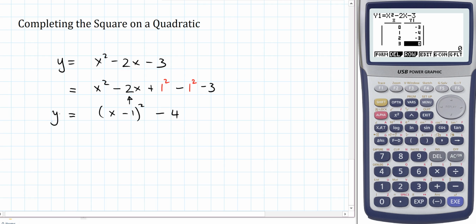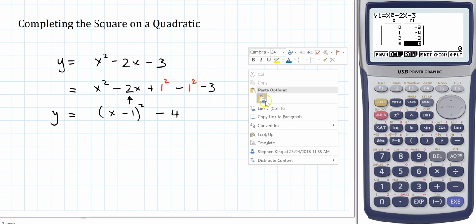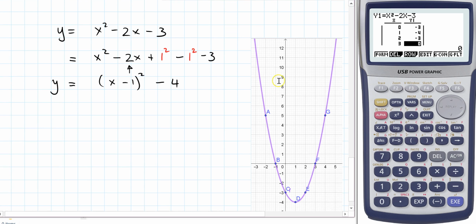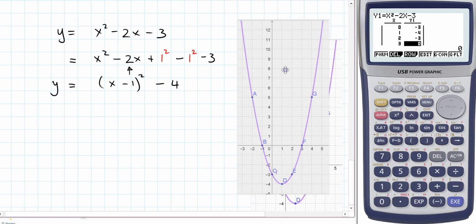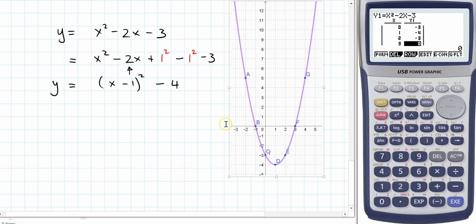And so I've now completed the square on the right-hand side of this expression, and we've got this equation. Now, if we drop in that picture that we had before of the parabola, there's the diagram of the graph y is equal to x squared minus 2x minus 3.